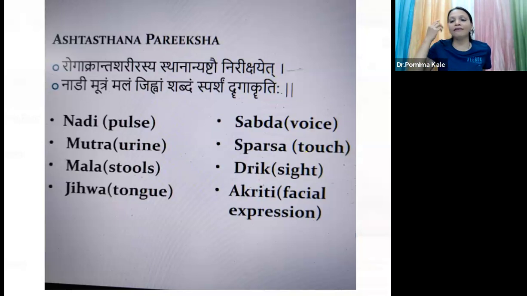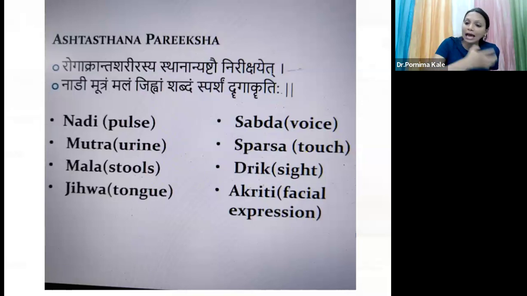Drik, sight: if they have any specs, or diminished vision, in some eye related diseases, or in diabetic complications, the patient can face diabetic retinopathy, sudden vision loss, sudden blurred vision. So that is also to be mentioned: आपको कभी चश्मा था क्या, पहले आपको कैसे दिखता था, अभी आपको कैसे दिखता है. You should ask these types of questions to get more and more knowledge about that patient.